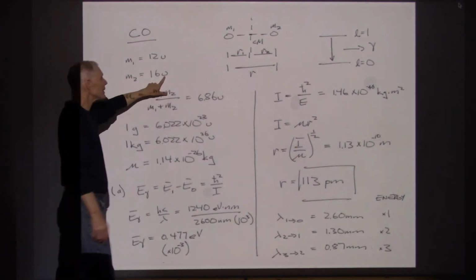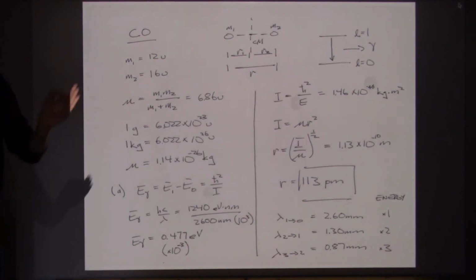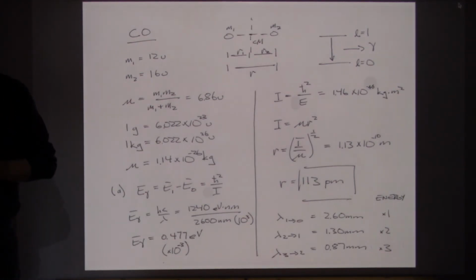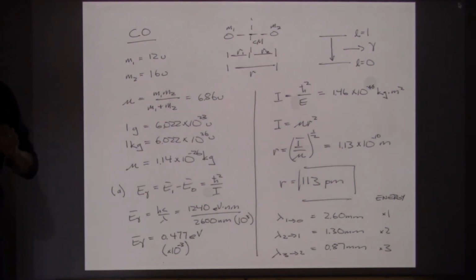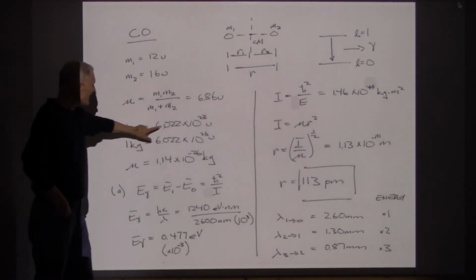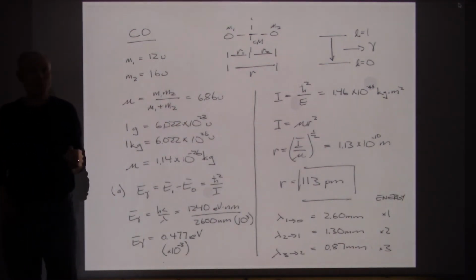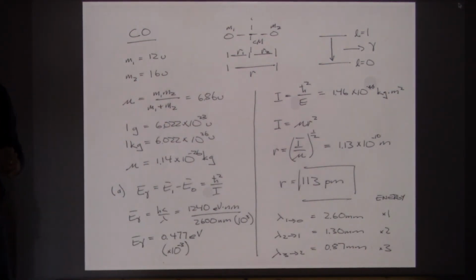Now I've written these in atomic mass units. That's not the same thing as kilograms or grams. I've got to get this converted over. Now 1 gram is Avogadro's number of atomic mass units. That's not a coincidence. It's an intention.